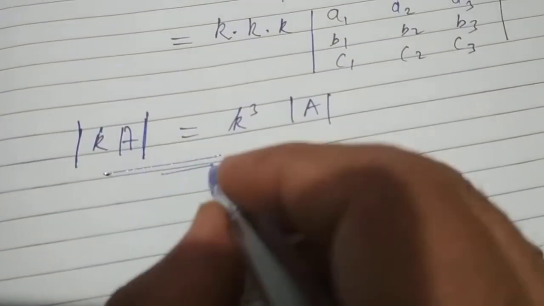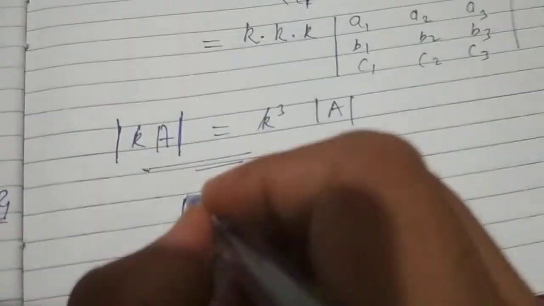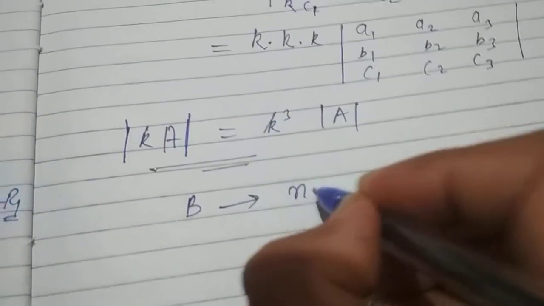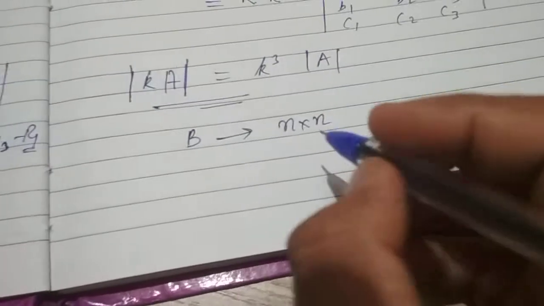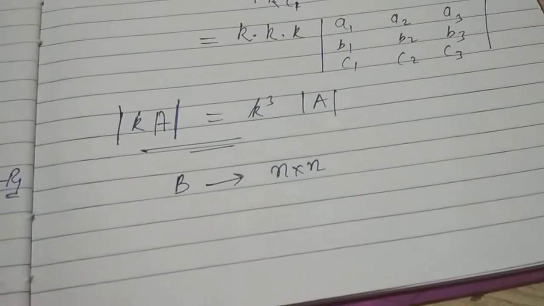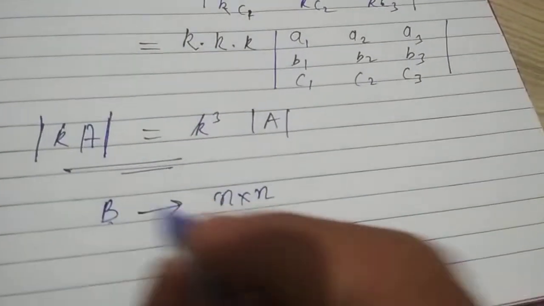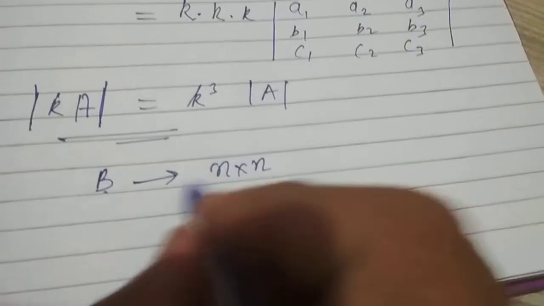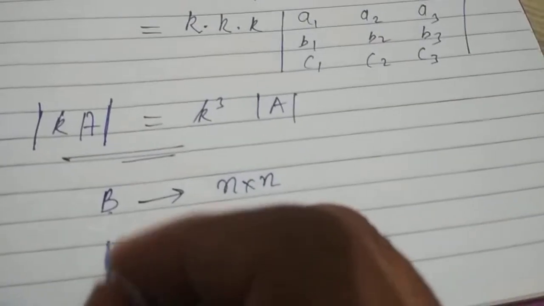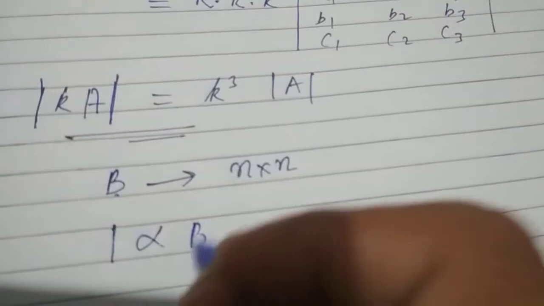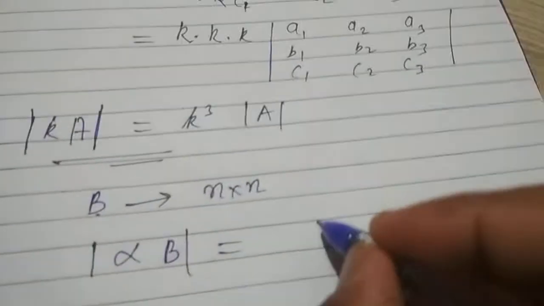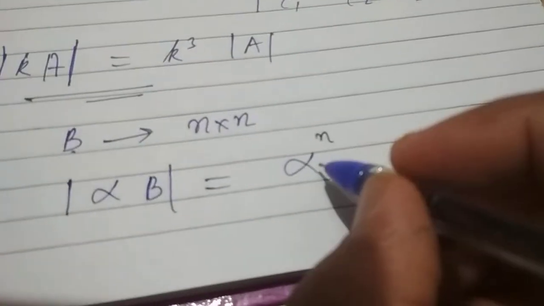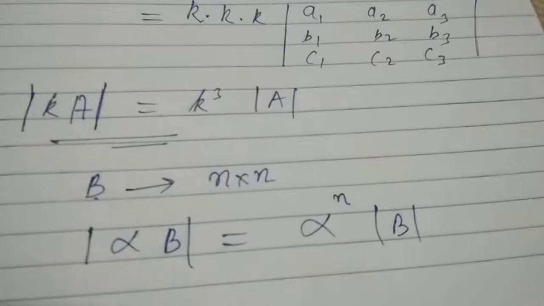Basically, children, if you want to study the property also, if there is a matrix B, a square matrix of order n by n, definitely determinants exist only for square matrices. So if B is a square matrix of order n, then the determinant of alpha times B is always, you remember, alpha raised to the order of B into determinant of B. So this is what we can apply directly.